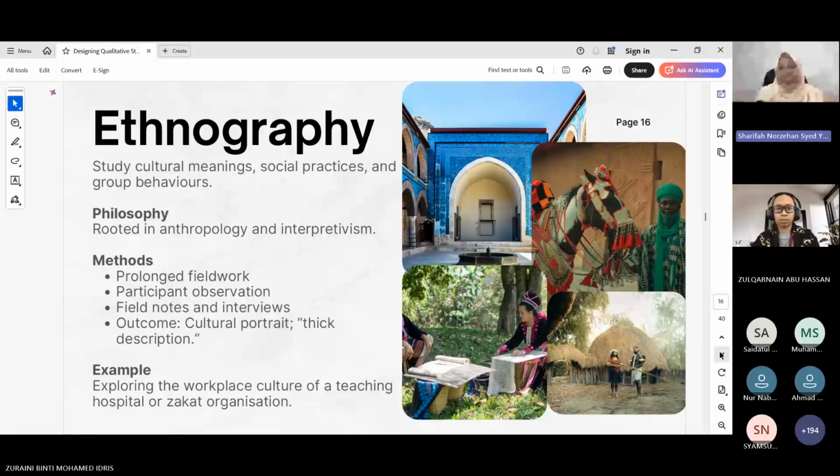Okay, this is what it says there, prolonged field work. 6 months is not enough, because you have to rotate from one department to another department, at least to understand the culture of certain department. It takes you maybe 6 months. So if that particular organization or company has 10 departments, believe me, 6 months for each department, you have what, 60 months?